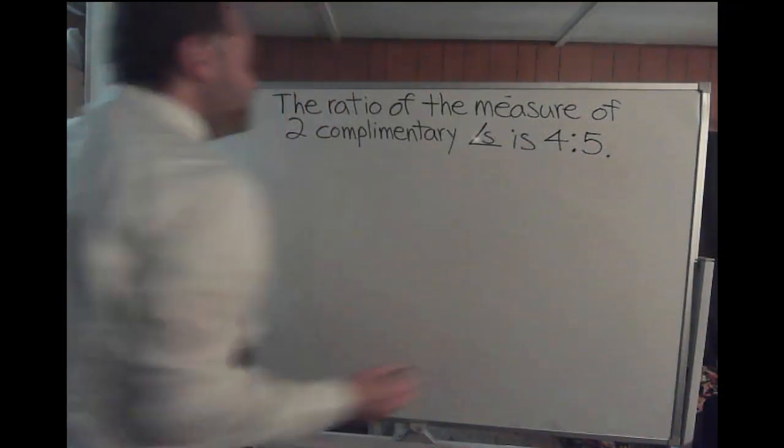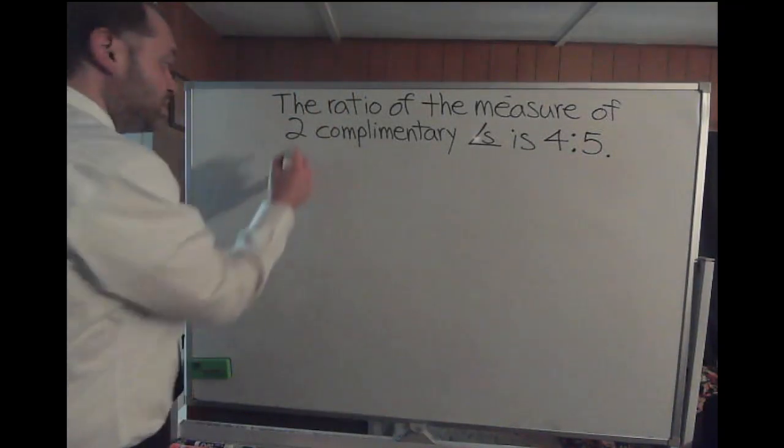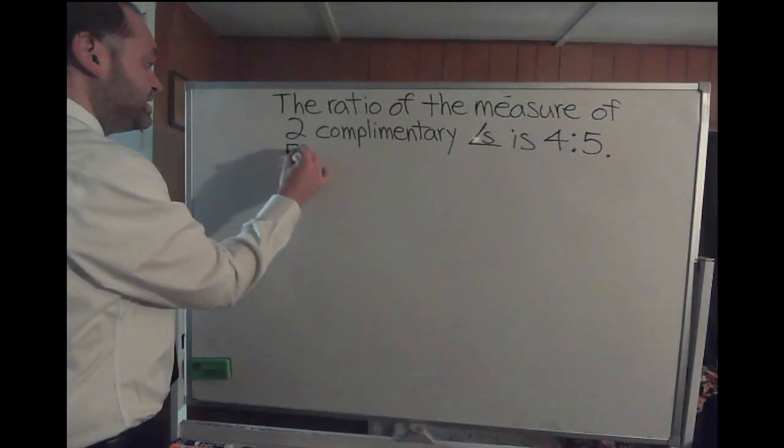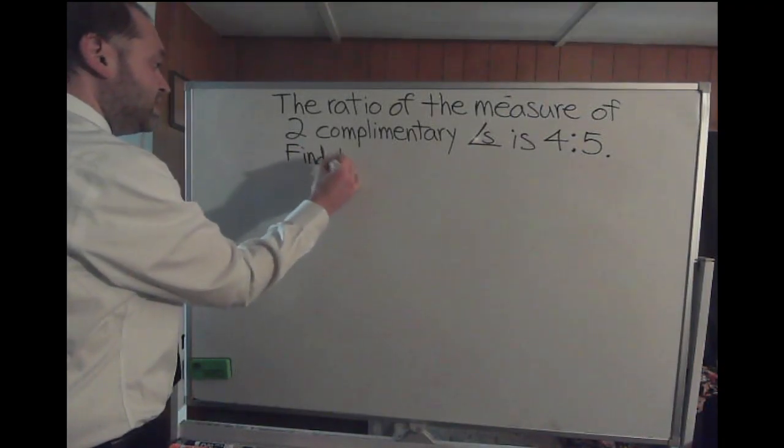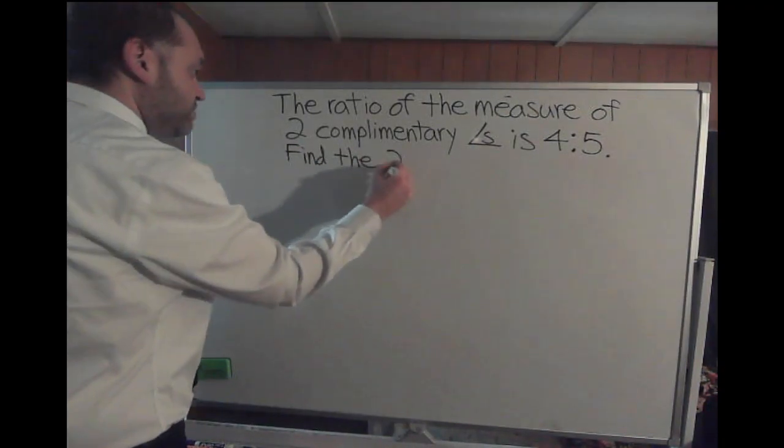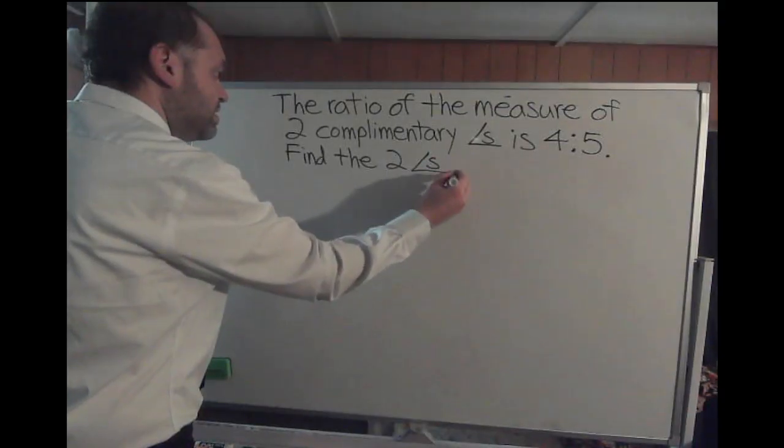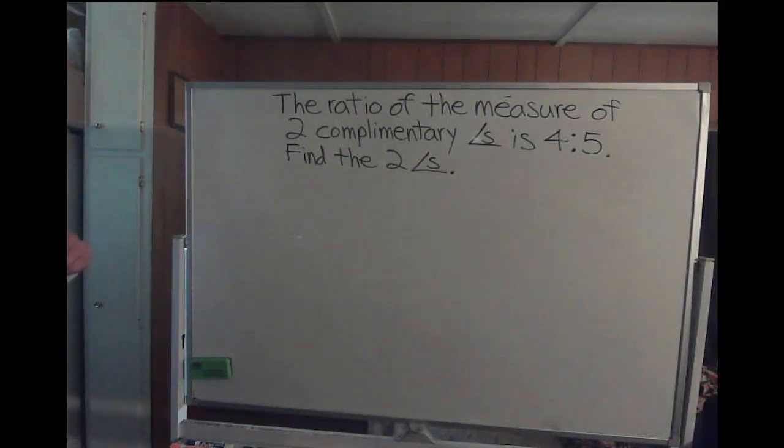Then we need to find the two angles. So we need to first evaluate the problem here. We have the ratio of the measure of two complementary angles is 4 to 5.